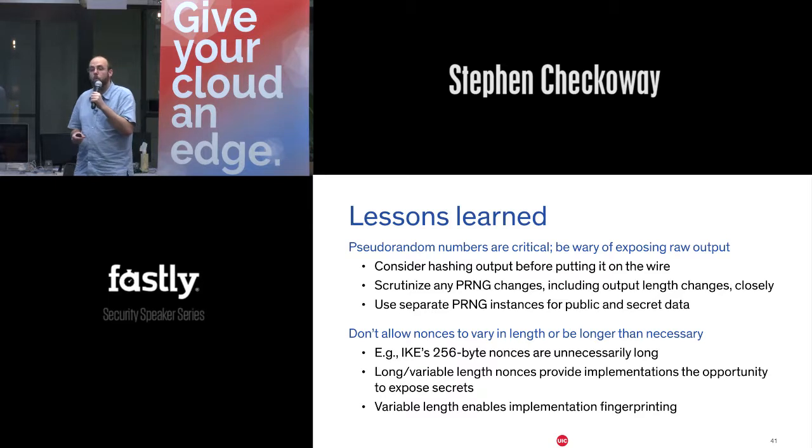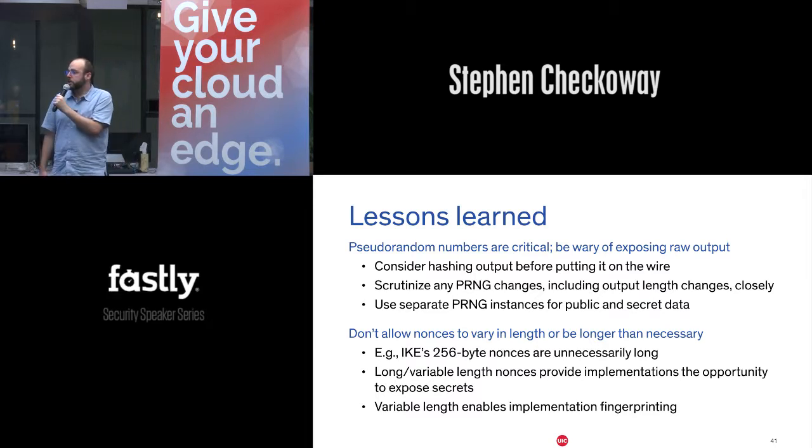You should try to figure out, why is this changing and what are the implications of that? And you might consider using different PRNGs for your public random values and your private random values. At least in theory, that's a great idea. In practice, maybe you don't want to do that for some engineering reasons, and you should just call into your operating system and say, please give me some pseudorandom values.